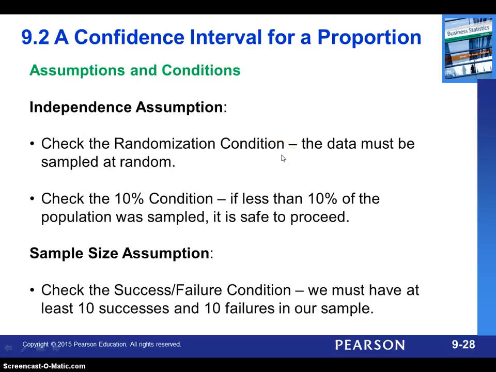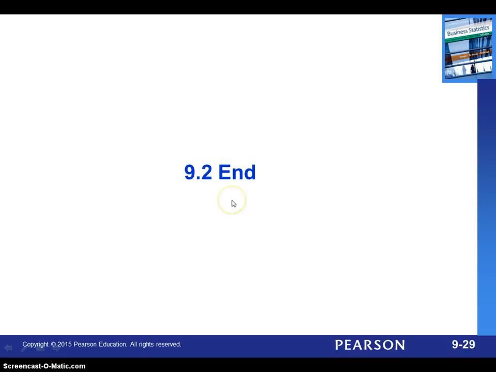Again, we have to check our conditions, so independence. We have to make sure we use randomization, 10% condition, so we don't want our sample to be bigger than 10% of the population. That's pretty rare. And then our success failure. We need at least 10 successes and 10 failures, so our sample size needs to be big enough where np is greater than 10 and nq is bigger than 10. And that'll do it for 9.2.